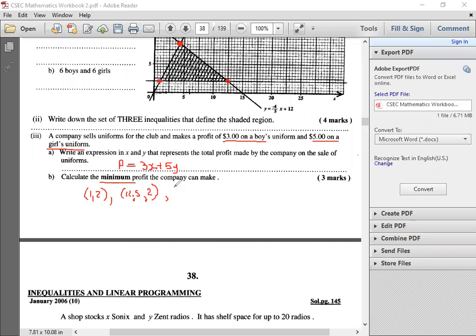What's the third point? This looks like 4. This is 7 years, so 7.5, 4, 7.5.